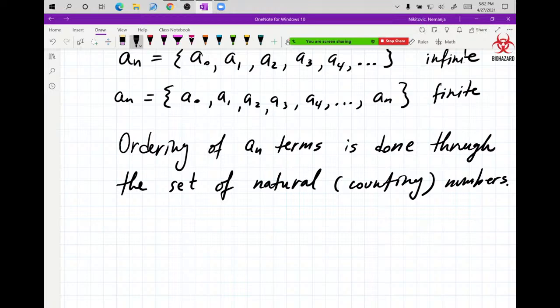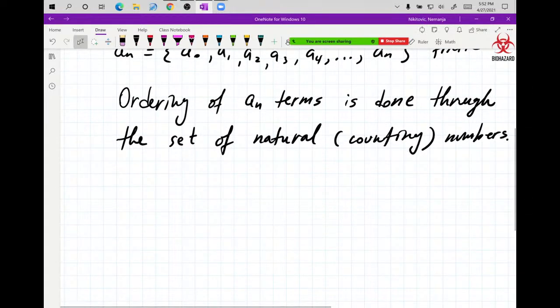You can also say achieved by, whatever. So there has to be some either formula or recursive formula, we'll see what that means, to generate. There has to be some kind of generator for your sequence.